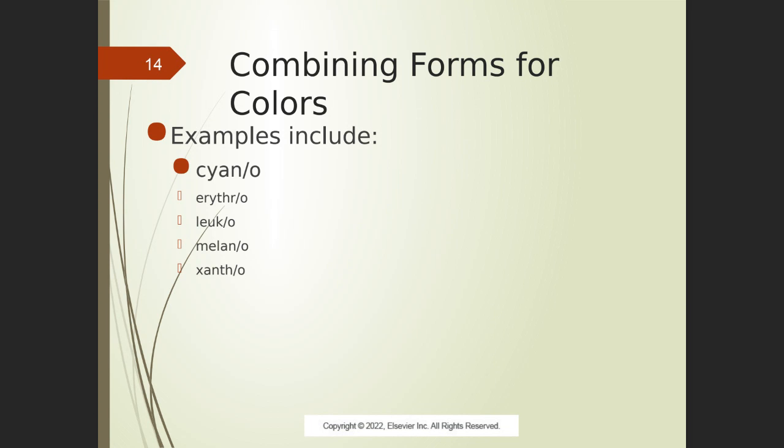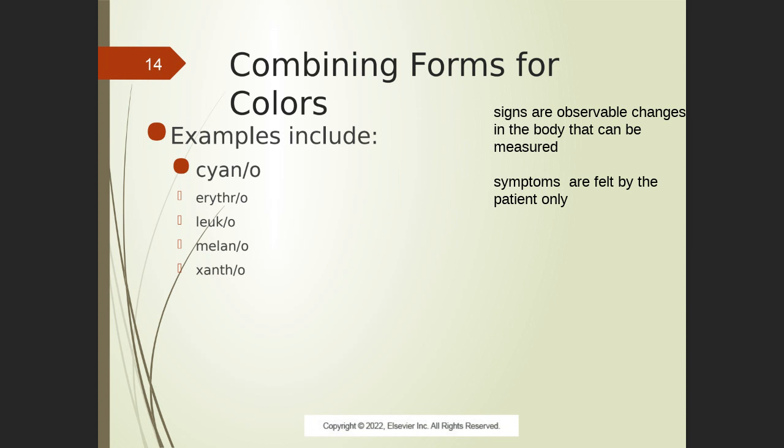Symptoms are felt by the patient only. So signs are things that you are looking at or you can measure, like your weight, your fever, your blood pressure. You can check for texture.